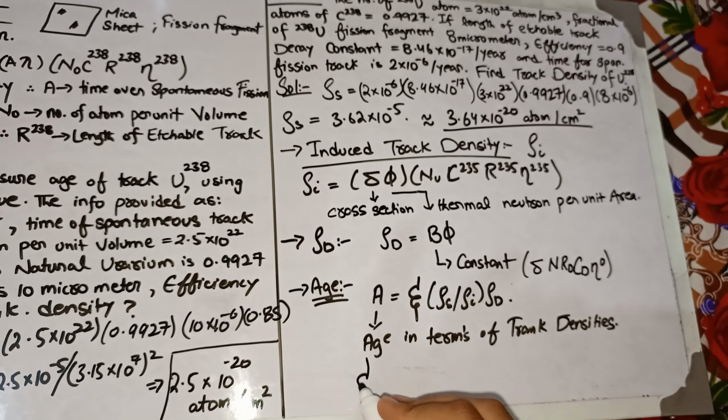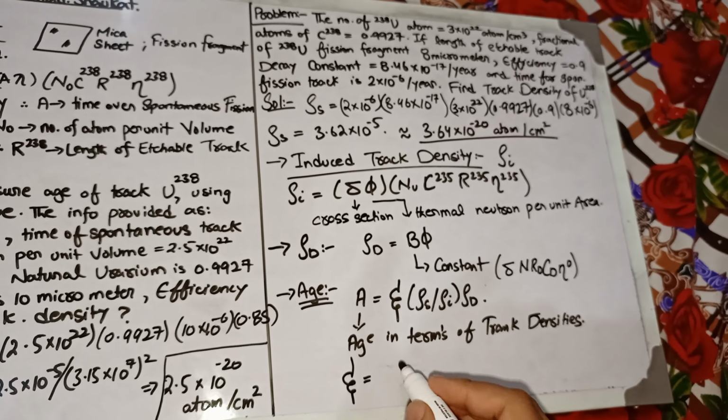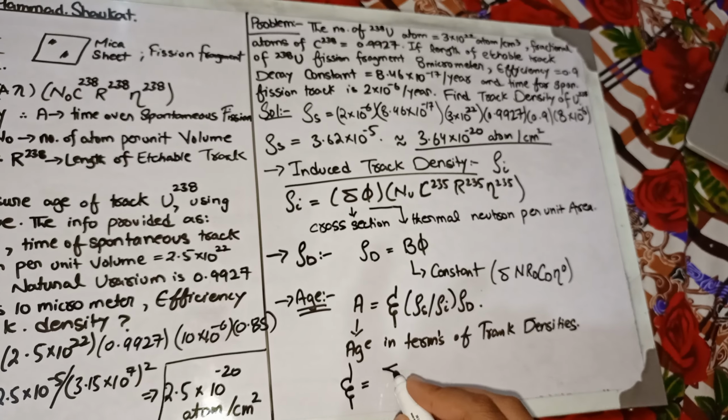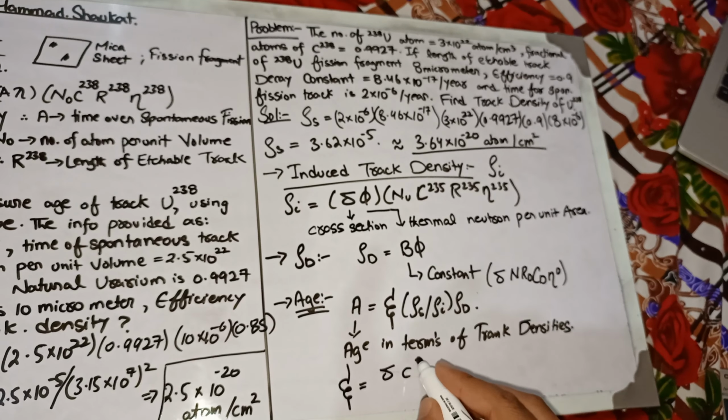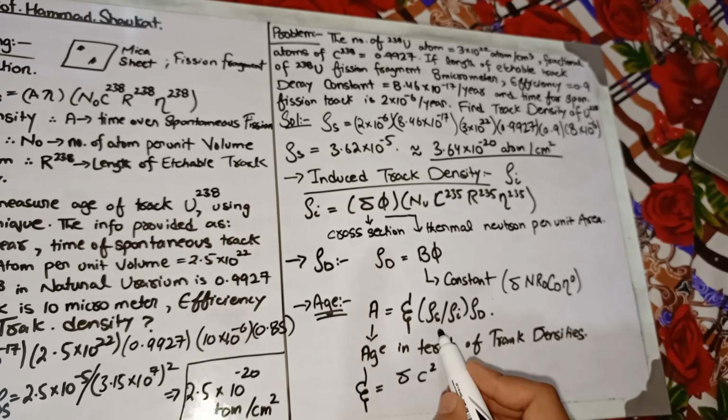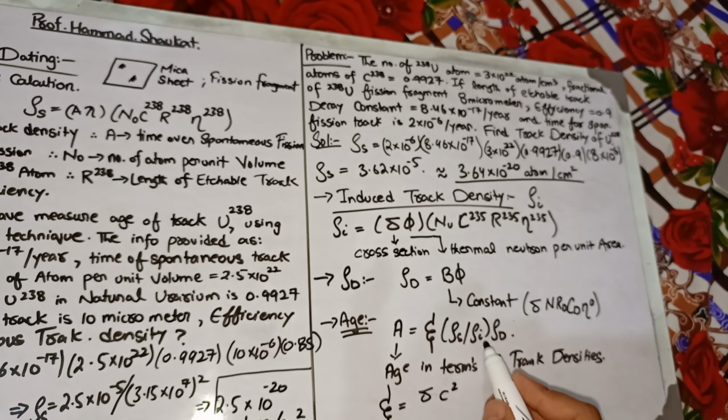Whereas this summation sign is basically equal to sigma C, because it is the ratio of spontaneous density by induced density.